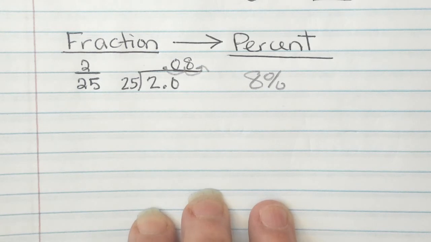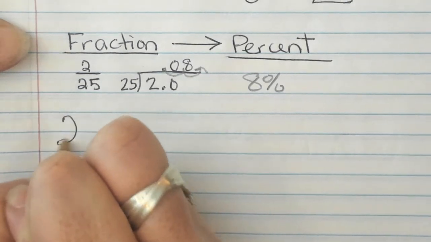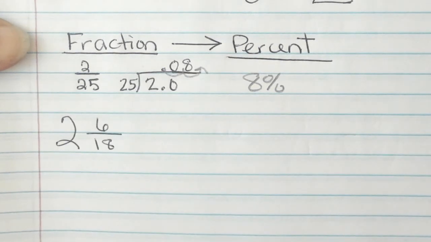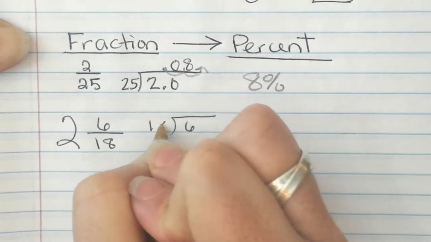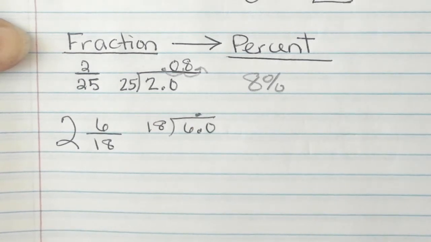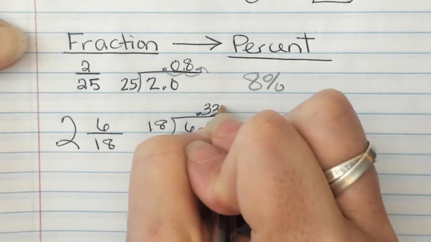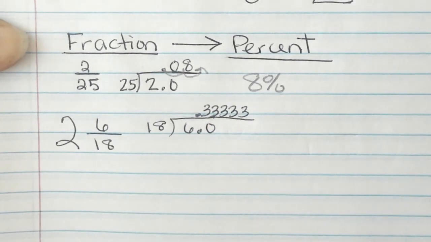Okay, if there's one that has a whole number in front that is a mixed number, like 2 and 6/18, I'm honestly going to start out with just doing the top. 6 divided by 18. Okay, and it's 0.33333. Now, I'm going to write a few threes just because that way when I move my decimal around, I'll hopefully write it right.